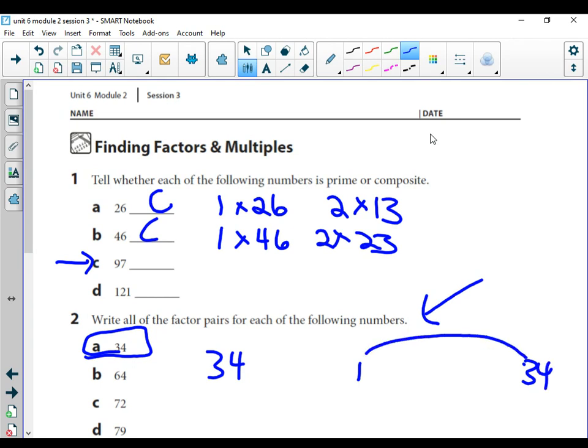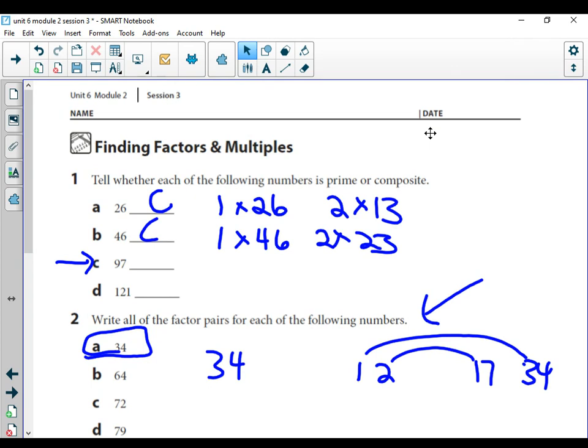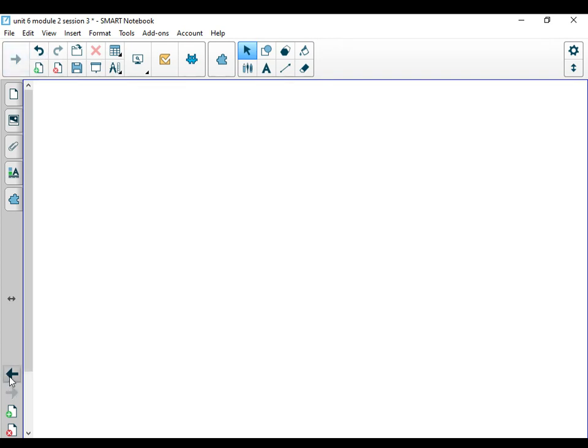That's one factor pair. 2 and 17. That's another one. And then I don't think 3, 4, 5, 6. I think that's it. But if you remember the rainbow we did, that really helped us with factors and factor pairs. So moving on through your work, I believe that's it.